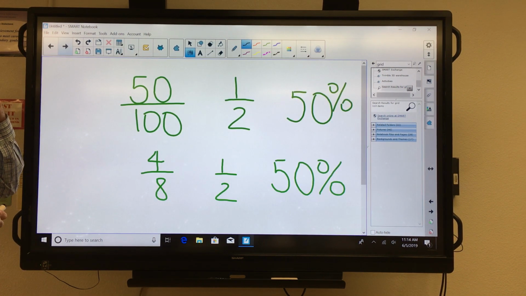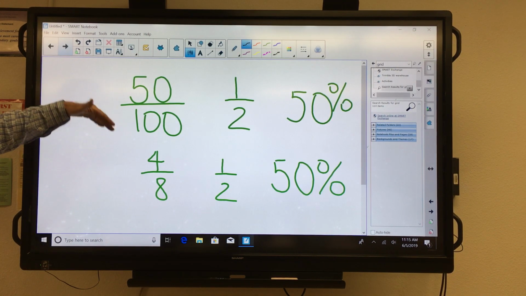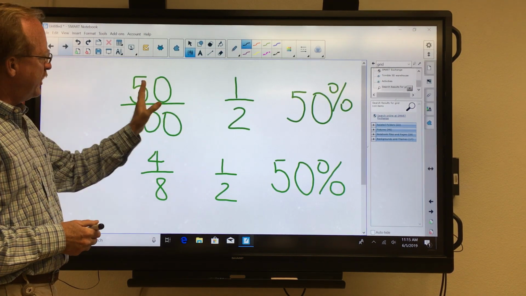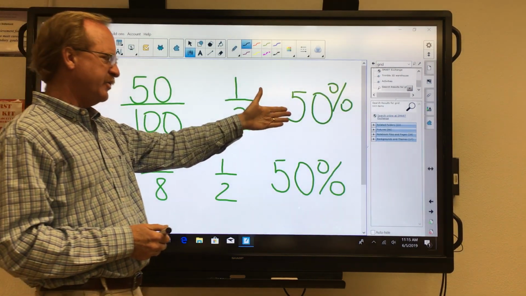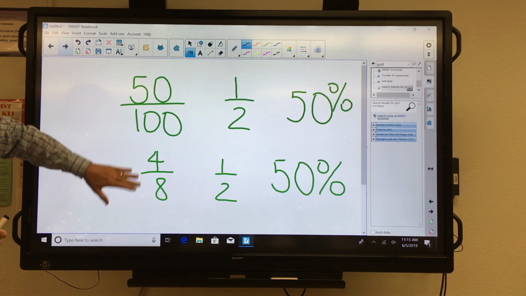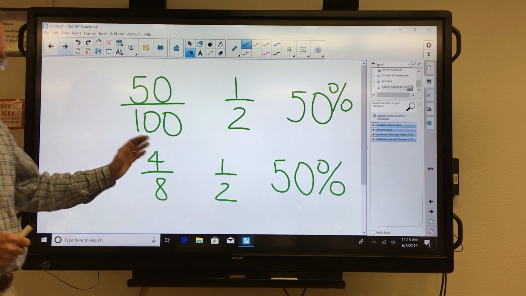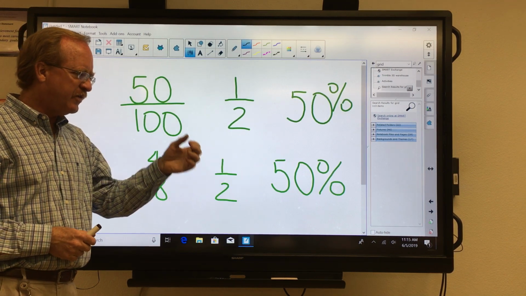Couple of examples here. Suppose I have 50 over 100. I think you would agree that I have half of 100, and that's 50%. If I have 4 over 8, I have half of 8, and again, that's 50%.